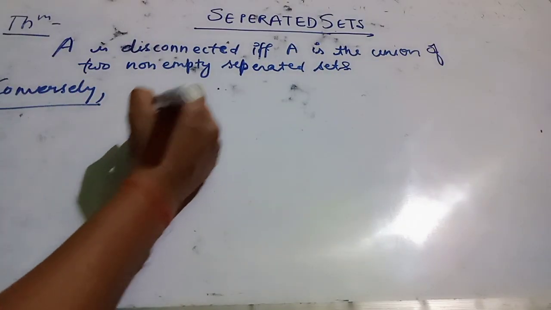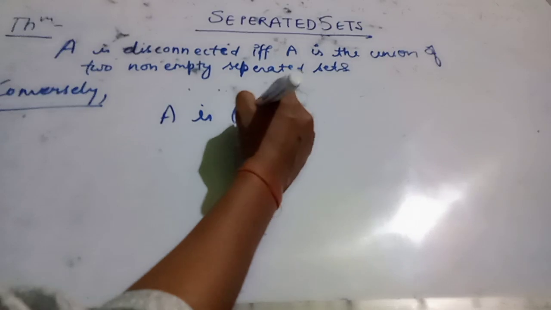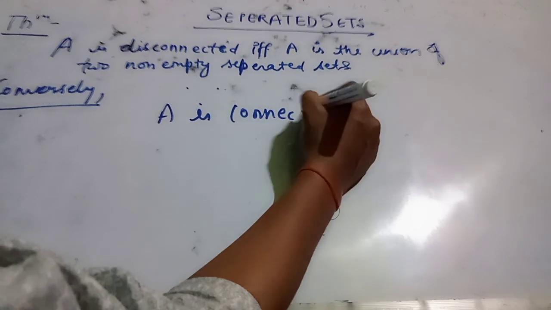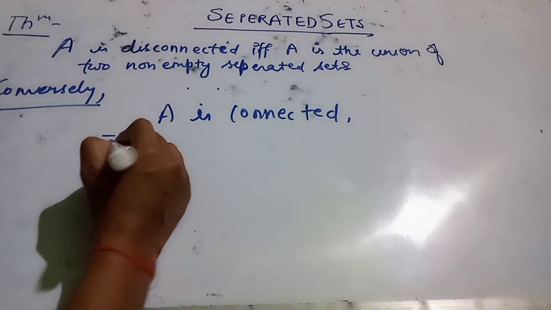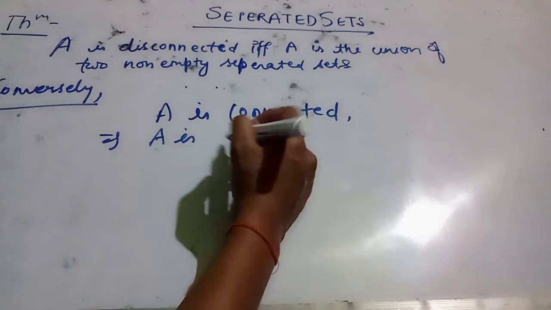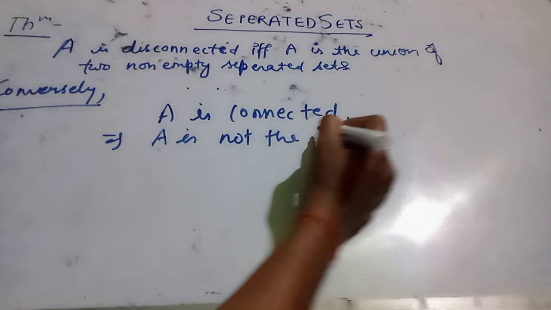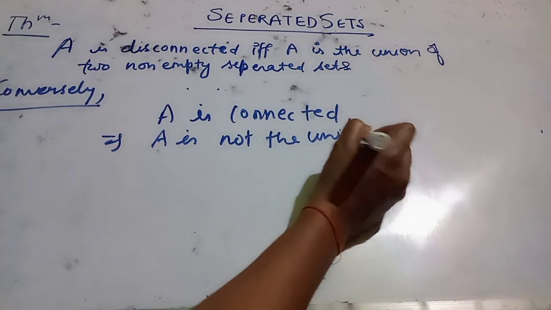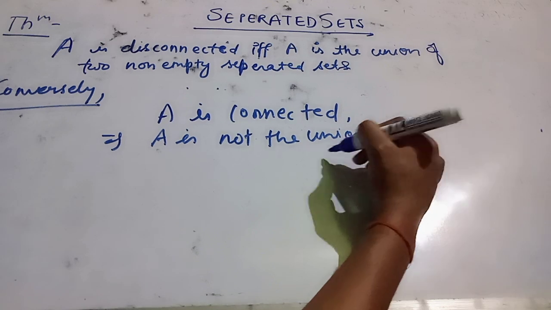Okay, let us see ahead: it says A is connected. So if A is connected, it means A is not the union of two non-empty separated sets.